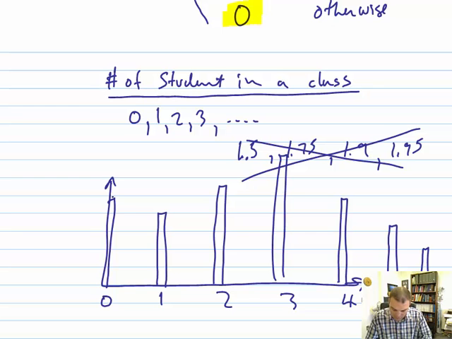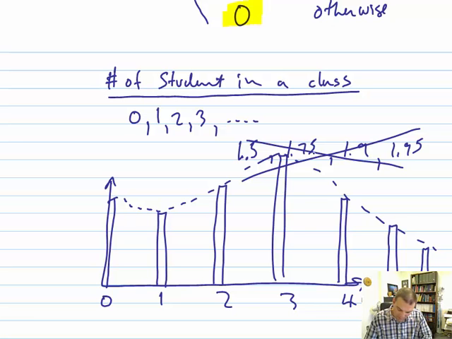And as the value of lambda goes up, you would see this peak shift to different locations and probability decreasing at 0, and we would see that kind of movement as the value of lambda went up.